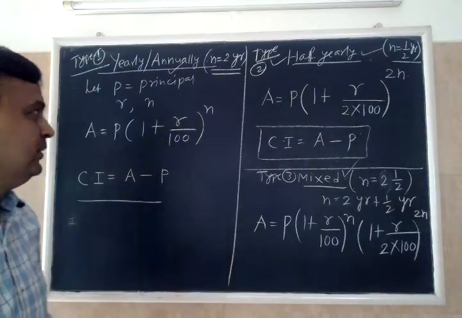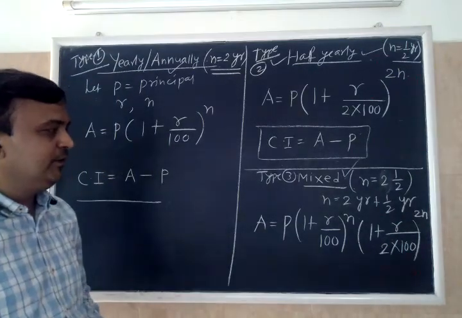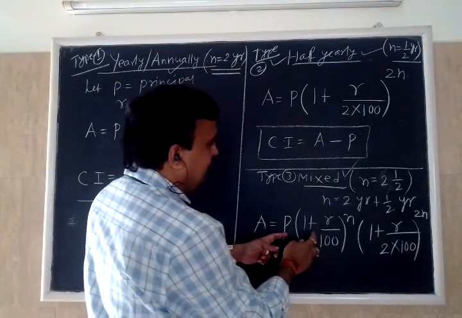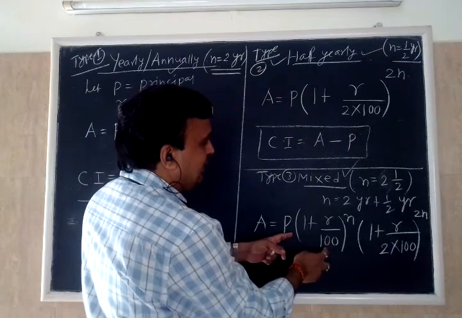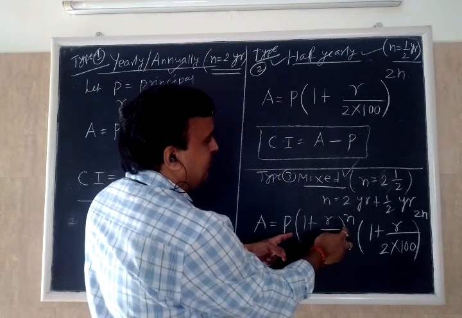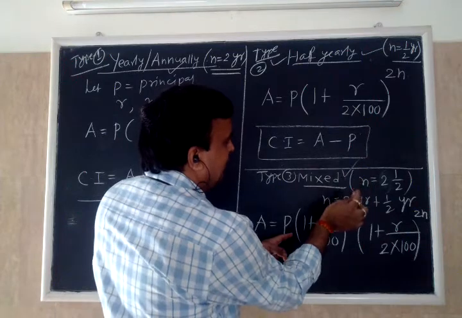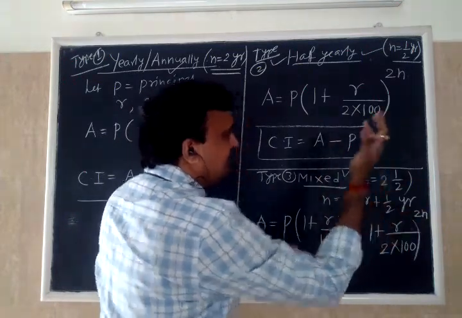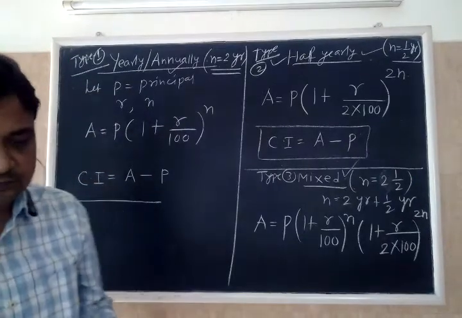We have to use the R1 formula. If the rate for the first 2 years is different, it will be 1 plus R1 upon 100 into 1 plus R2 upon 100. That will be for yearly. Then for half yearly, you will multiply this by this. Is it clear?